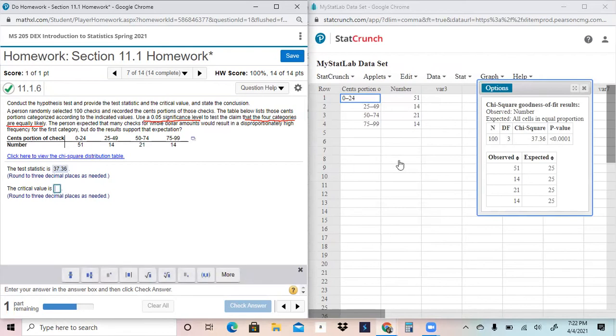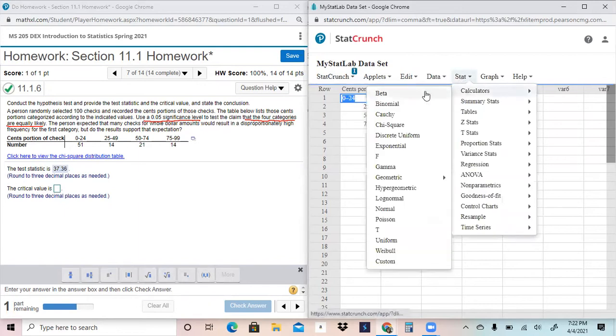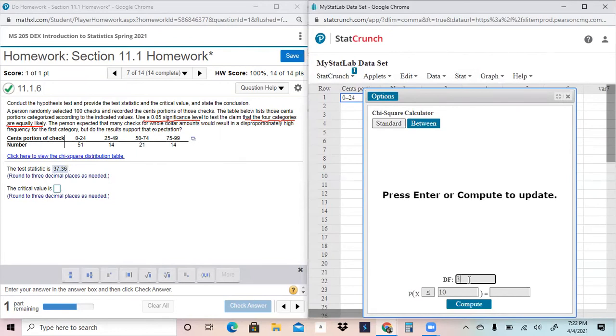The critical value for that, let's go back to the calculator for chi-squared. We want a 0.05. We've got 3 degrees of freedom because there are 4 categories.